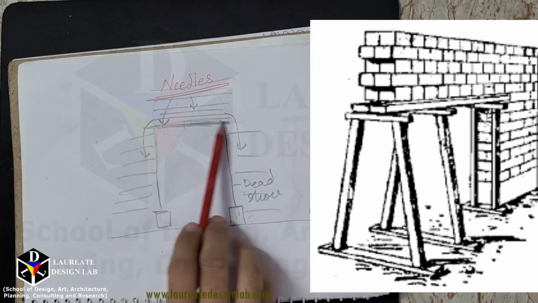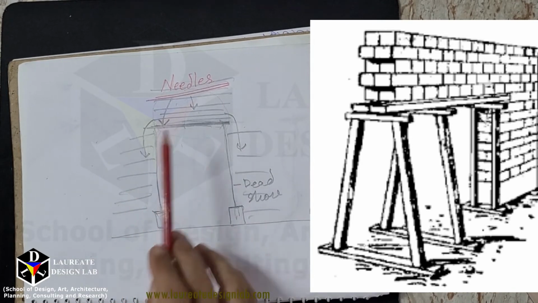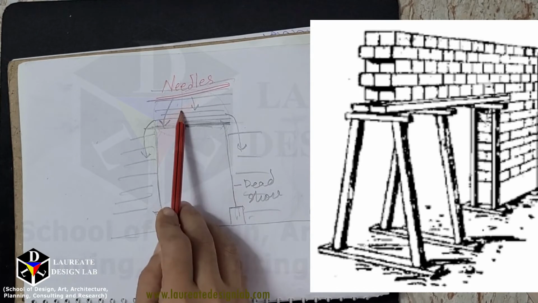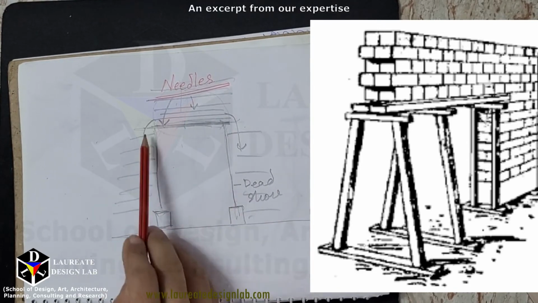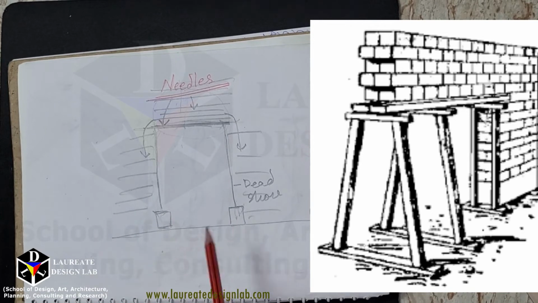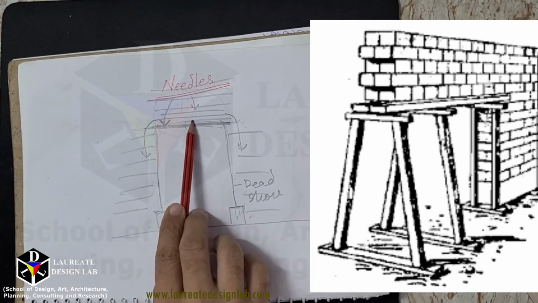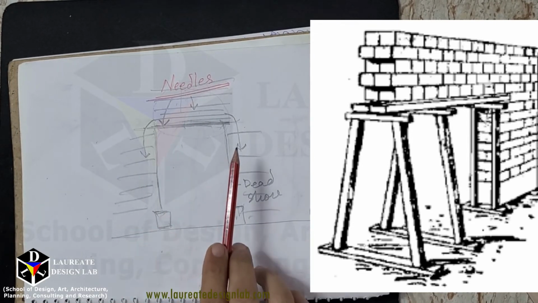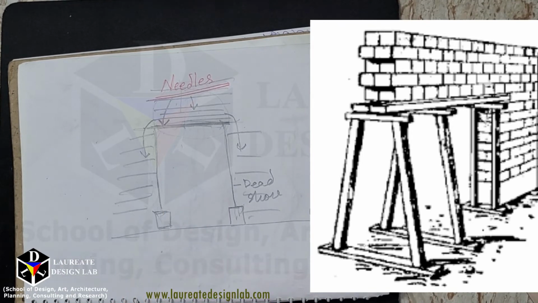So this is all about retaining or holding back the load above this level to these posts, which are called dead shores. Dead shores and needles can be used mostly for the restoration work of old buildings or monuments. I hope this is clear.